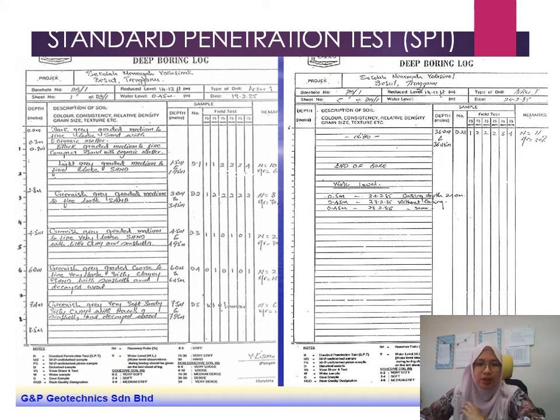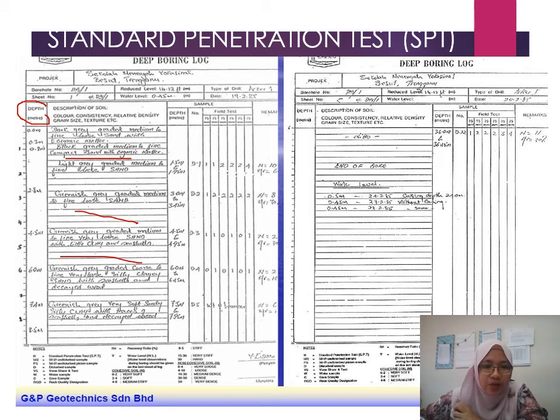Okay, so this is the boring log. From this boring log, as you can see in the picture, on the left side is stated the depth. So you can record the depth, and then this is the soil description. You can take the soil sample and describe the color, the texture, and so on, right?